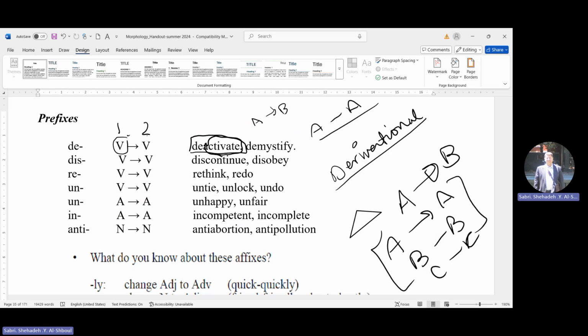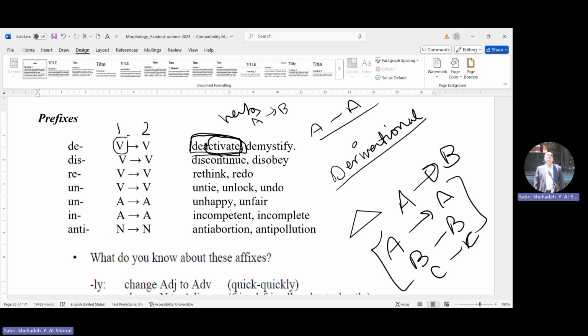So after spell out, after phonology, both are verbs. But before phonology, when we look at the features, we find that the entry that activate occupies in the lexicon is dissimilar and different from the entry that deactivate occupies in the lexicon.